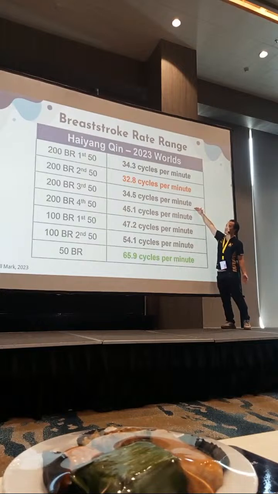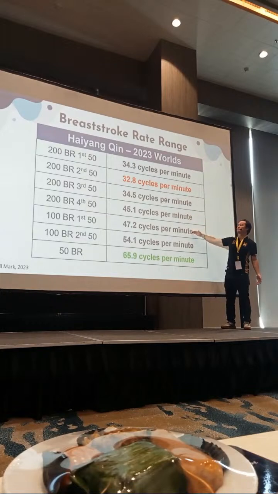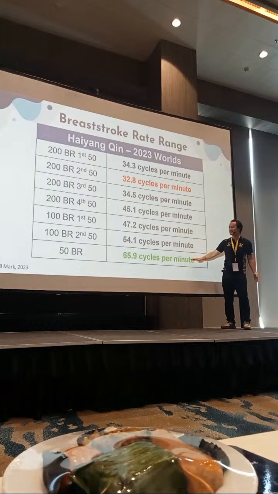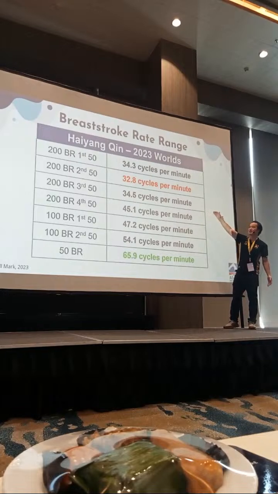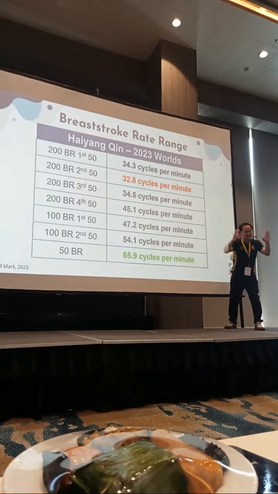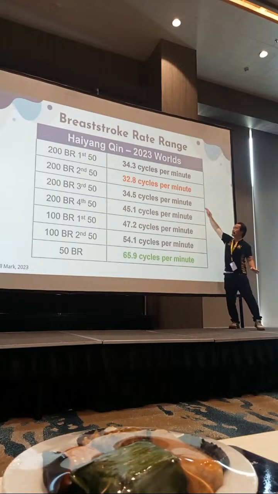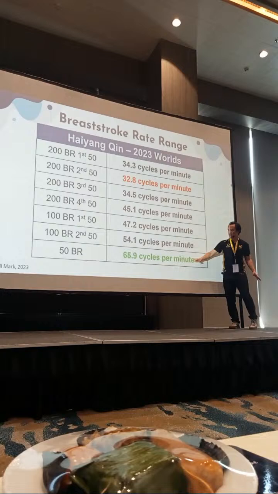Gets a little bit faster in the third 50, gets the fastest of the 200 in the fourth 50. His first 50 of the 100 is faster than that, his second 50 of the 100 is even faster than that, and his 50 breaststroke is 66 cycles per minute, which is more than twice faster than the 200 breast second 50. So this same athlete has to be very long and very fast.